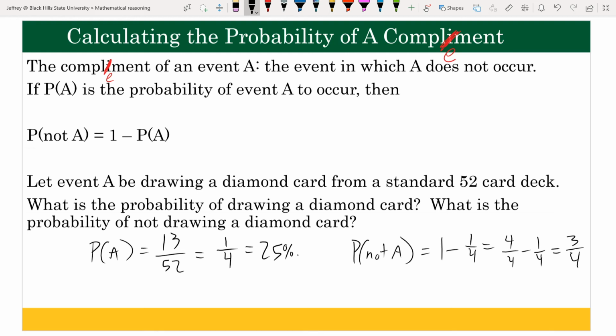Now you can also reason this as being the fact that there are 3 other suits, so it must be one of those other suits out of the 4. And this can also be written as 75%.